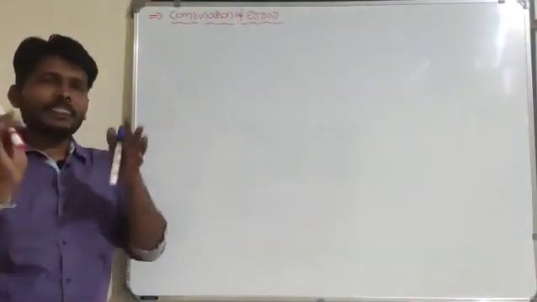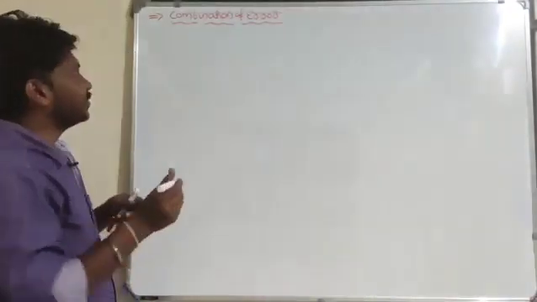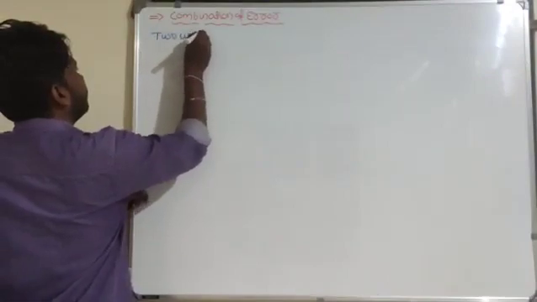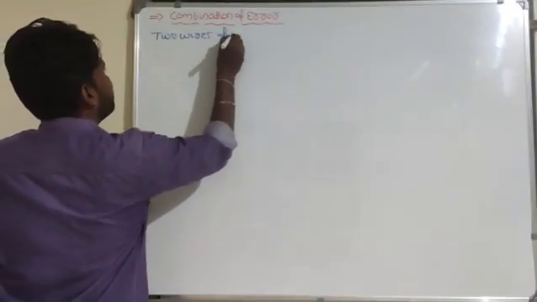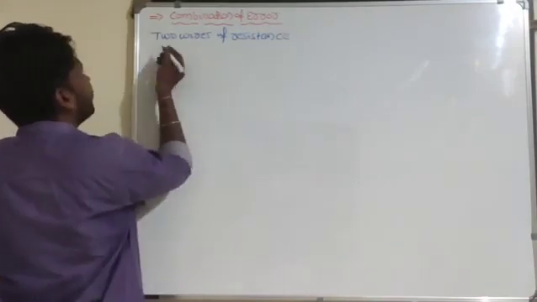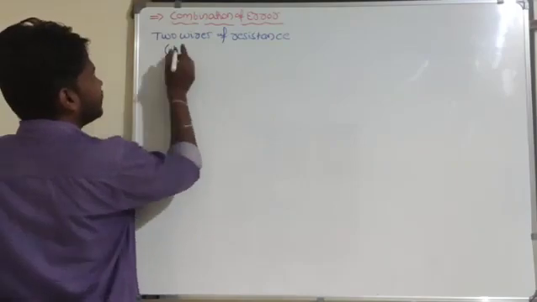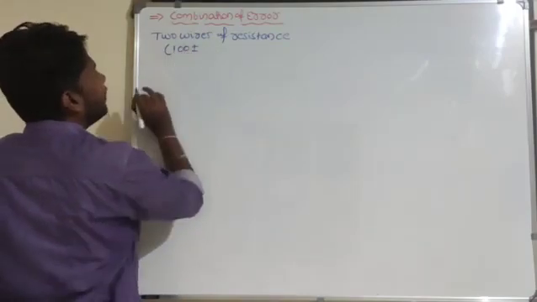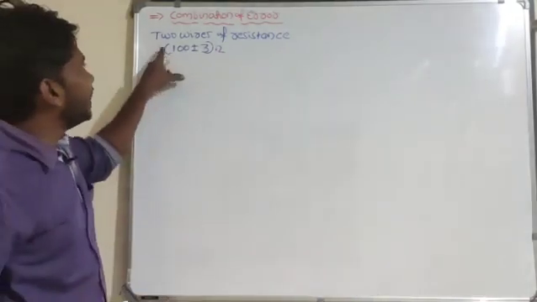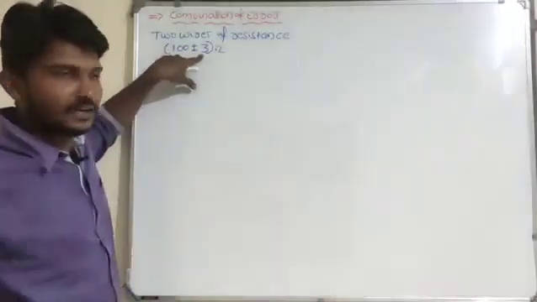So for example, I will take two wires having resistance. For example, one wire I will consider 100 plus or minus 3 ohm. So look at here, 100 is the resistance, and plus or minus 3 indicates its error here.